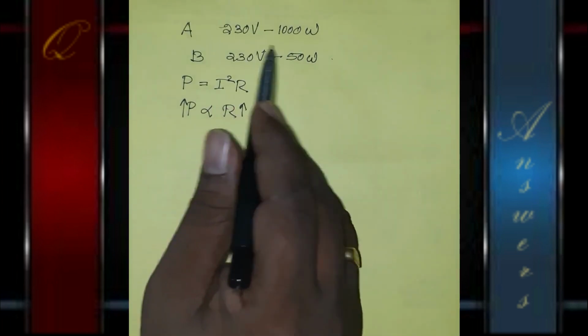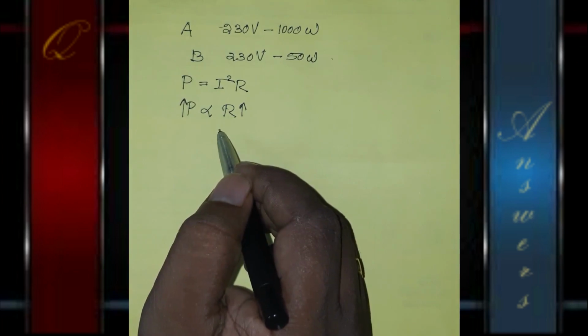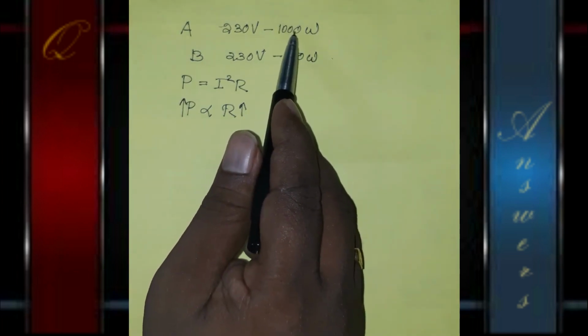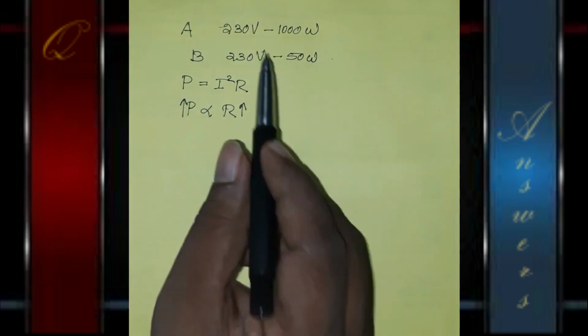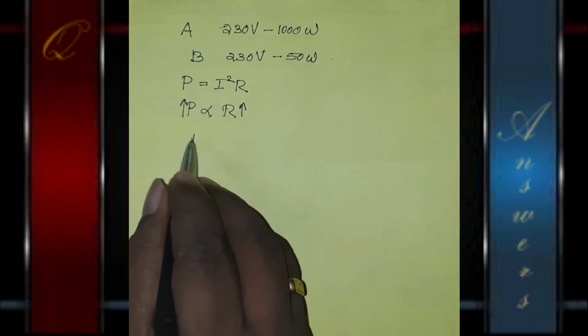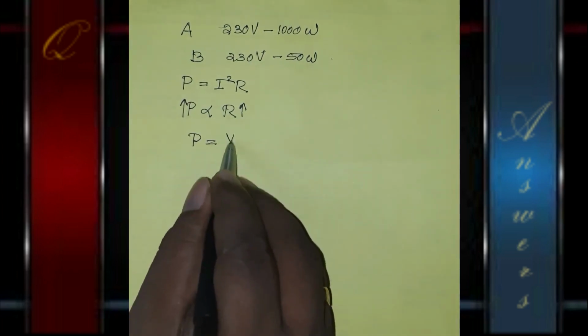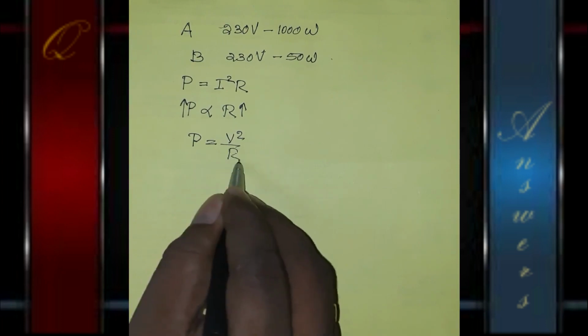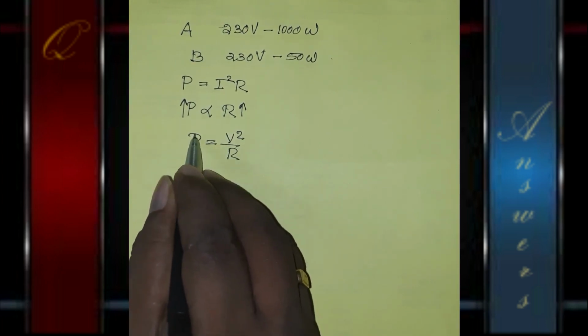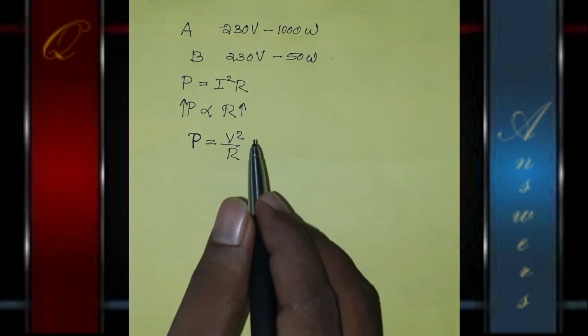Which device is having more resistance? You know the equation for power, P is equal to V square by R. This is the equation for rated power, specified power.